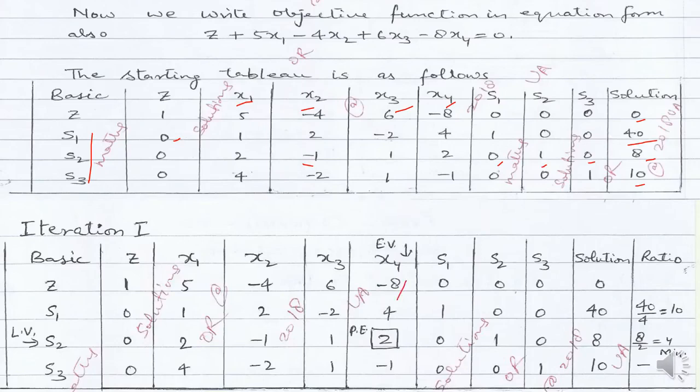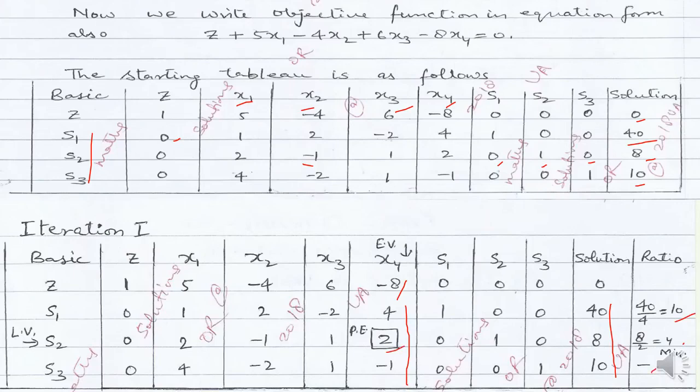So this becomes our entering variable, and this column becomes our pivot column, and for finding the leaving variable, we check the ratio of the solution and the corresponding element of the pivot column. So 40 upon 4 we get 10, then 8 upon 2 we get 4, and 10 upon minus 1 is negative, so we will neglect it.